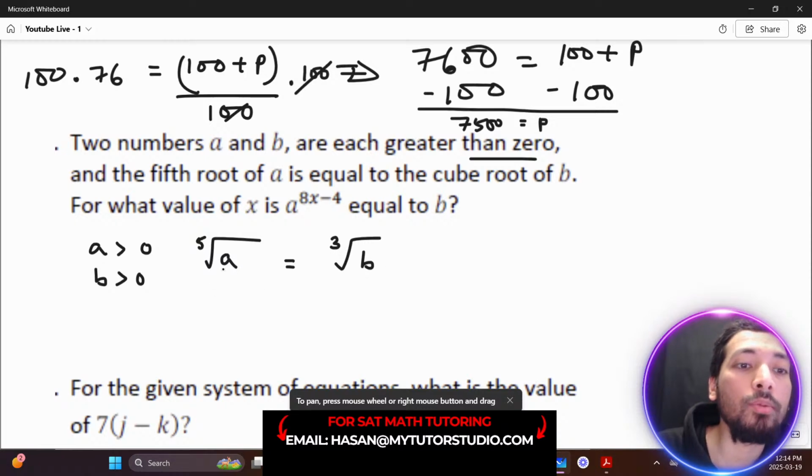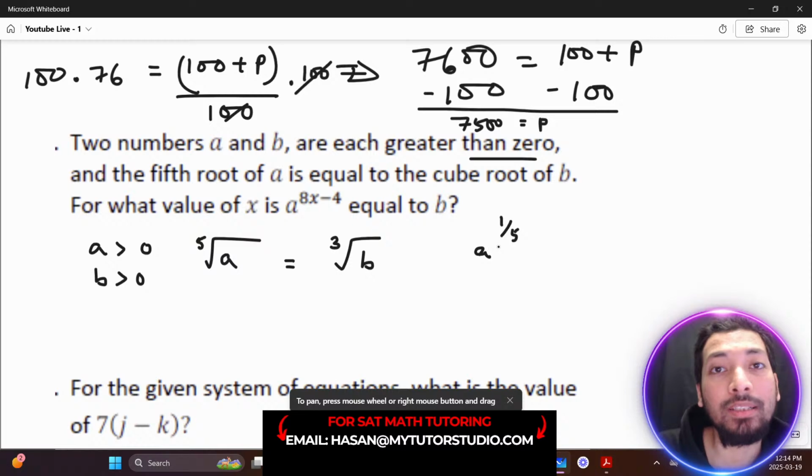Now we can also write it in power form. So we can write this as a to the power of 1 over 5. Remember, any root can be written as an exponent having that root in the denominator.